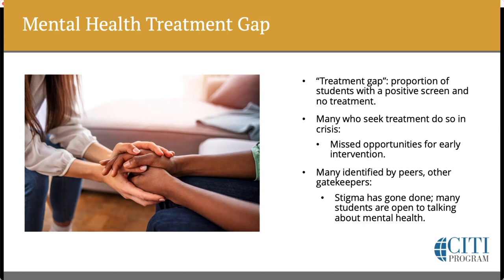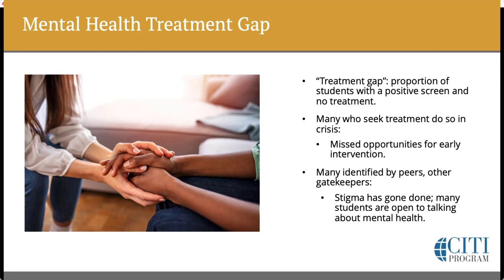Oftentimes, there's outcomes that maybe could have been avoided in terms of academic outcomes, social outcomes, certainly, well-being that might have been preserved or suffering that might have been able to be reduced. And so we want to be able to identify students early on and have resources that are available to them and try to reduce the fact that so many students are only seeking help once they're in a crisis.